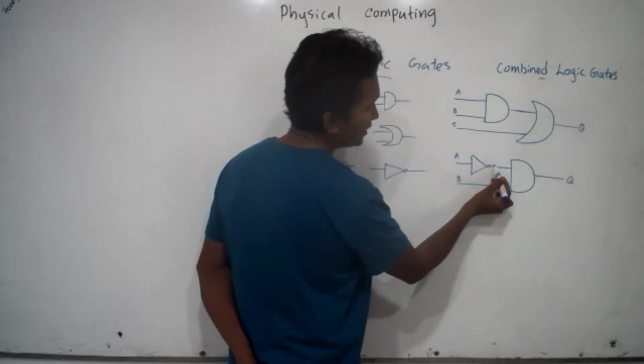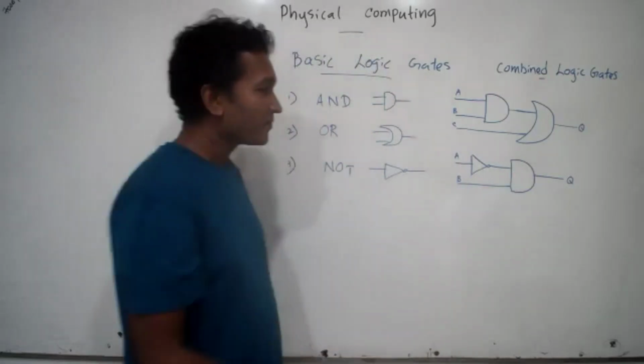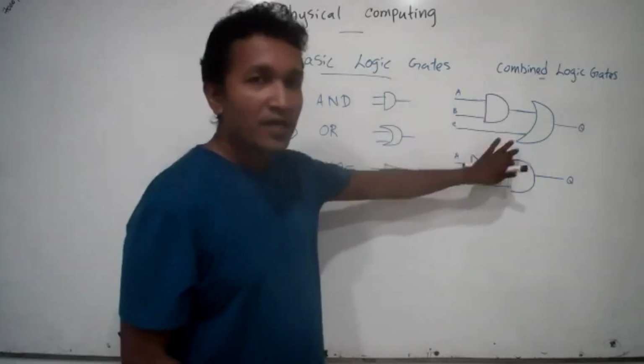The output of this logic gate is an input to another logic gate, that is an OR gate. So this is an example of a combined logic gate.